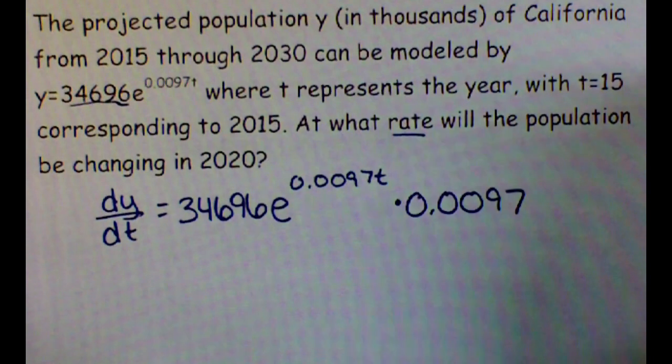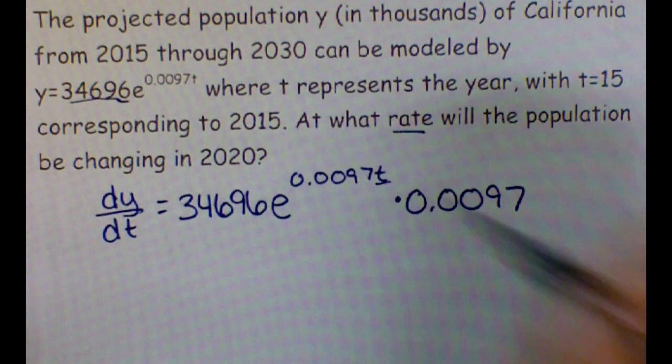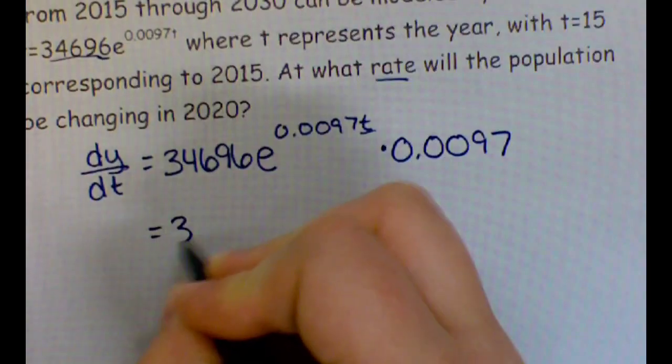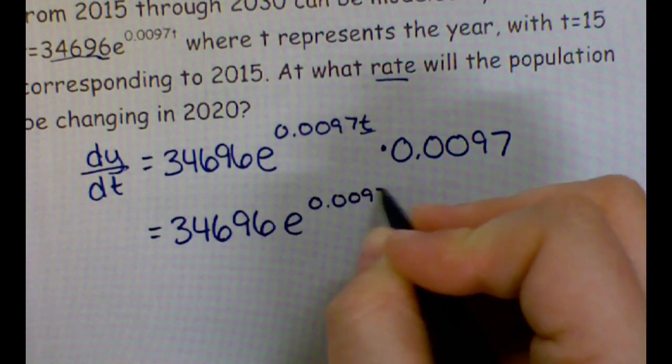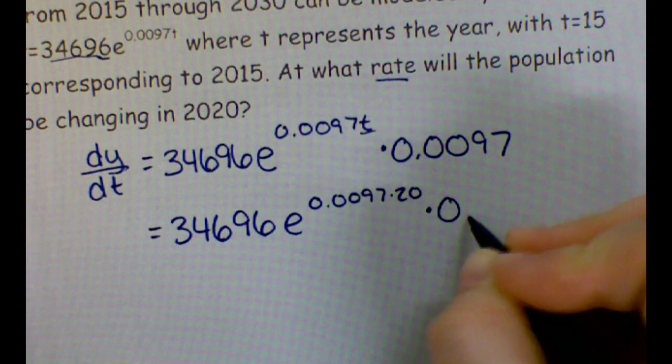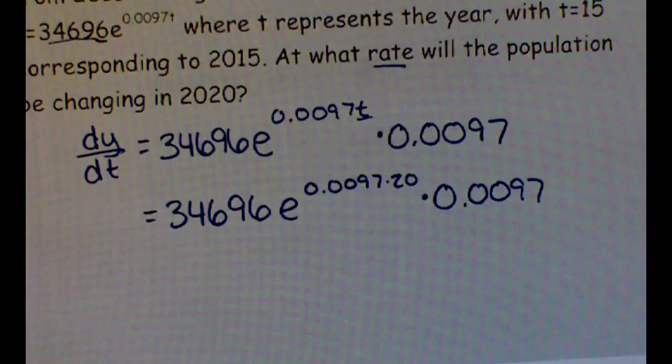If I want to know what the rate is changing in 2020, that tells me I'm going to be replacing t with 20. I don't even need to bother simplifying this. I'm just going to plug in the 20. All right, this is definitely thousands of people per year if I left it like that, but we won't. 34696 times e to the 0.0097 times 20 times 0.0097.